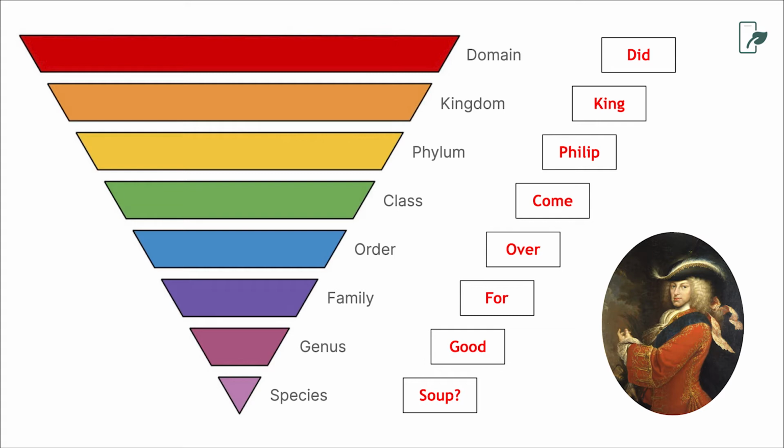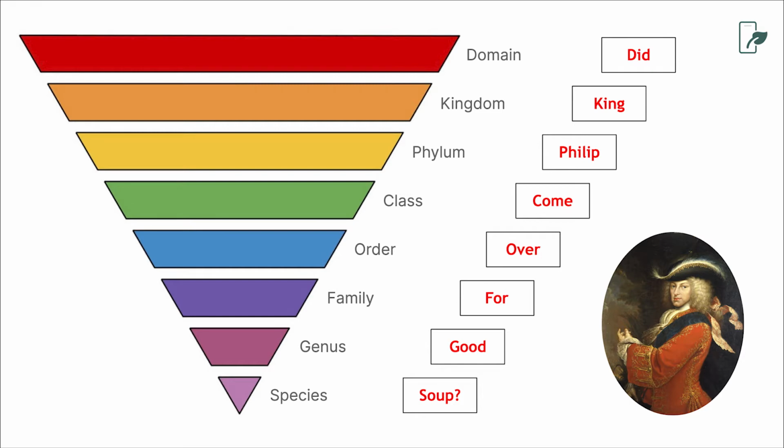So all life on Earth follows this classification pattern. And there are various mnemonics to remember this. One that you may have come across, that I certainly did, was: did King Philip come over for good soup? Well, certainly from his looks in the bottom right, he's definitely excited by that.